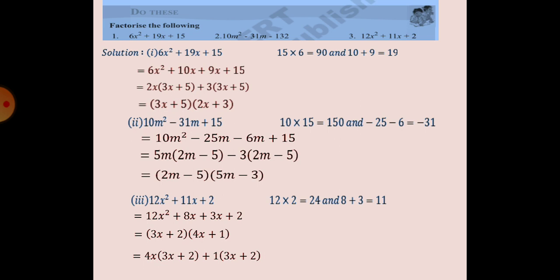Then 3x plus 2 remains. The third step is the last one, that is 3x plus 2 common, and then 4x plus 1 remains. Thus, 12x square plus 11x plus 2 is obtained by multiplying 3x plus 2 and 4x plus 1. See children, write the fourth step as the third one and the third one as the fourth one.